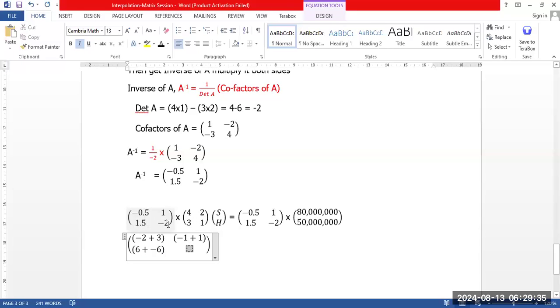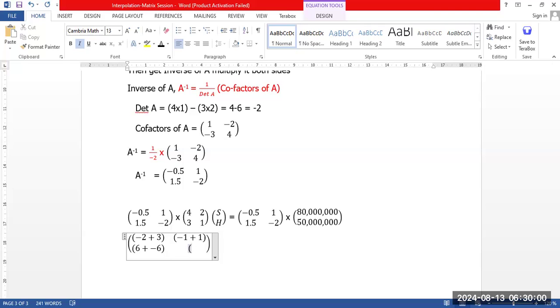So also get this row, multiply it into the next column. Any question? Okay. 1.5 times 2, what do you get? You get 3.